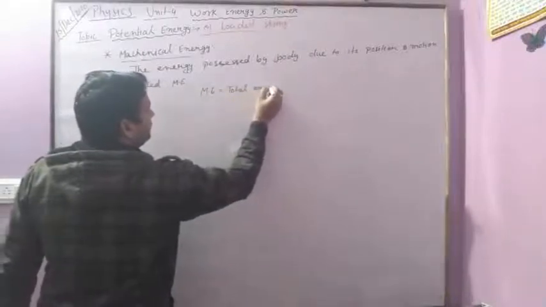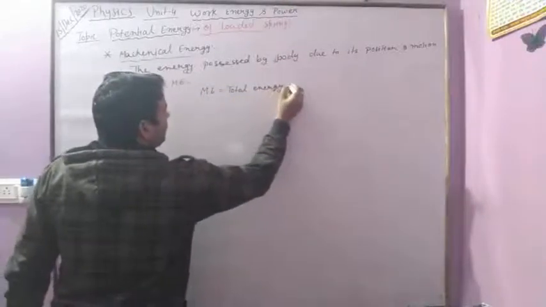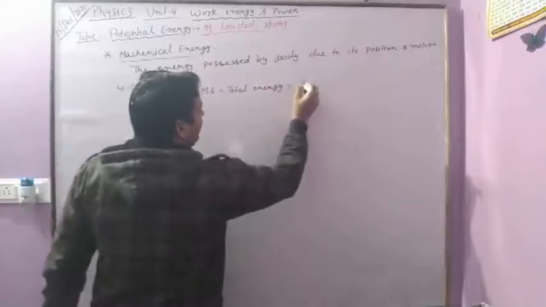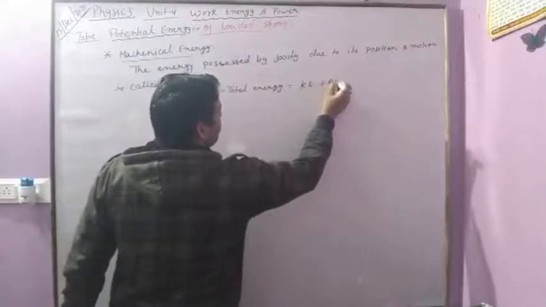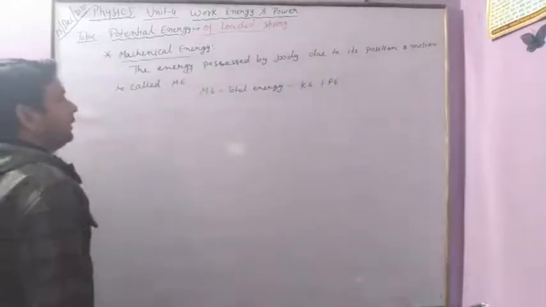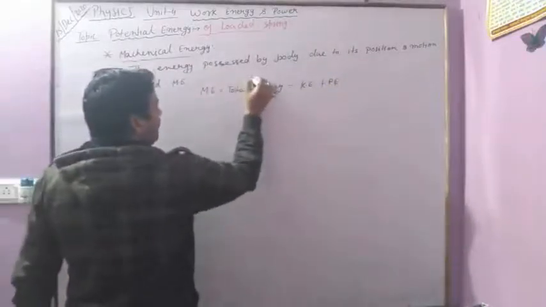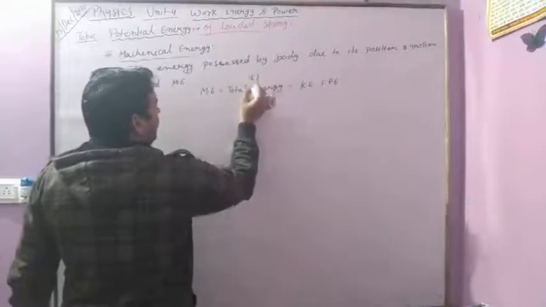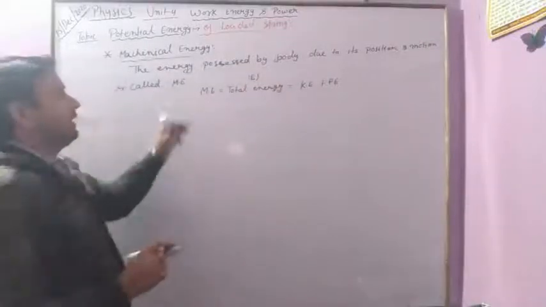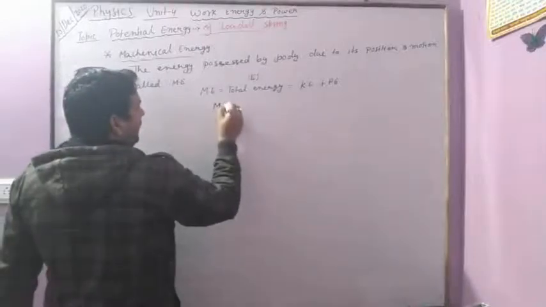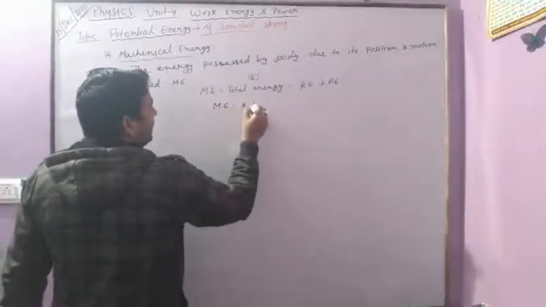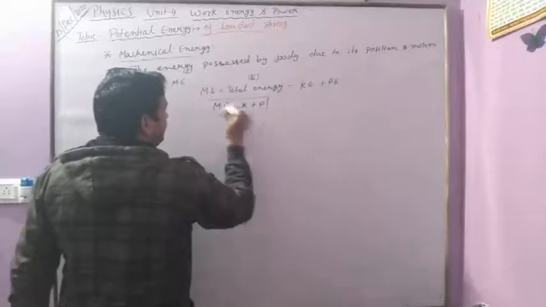Total energy is equal to its kinetic energy plus potential energy. Okay, here for the total energy we can use the symbol E only, and for mechanical energy ME or otherwise E. Therefore, the mechanical energy of the body is kinetic plus potential energy.